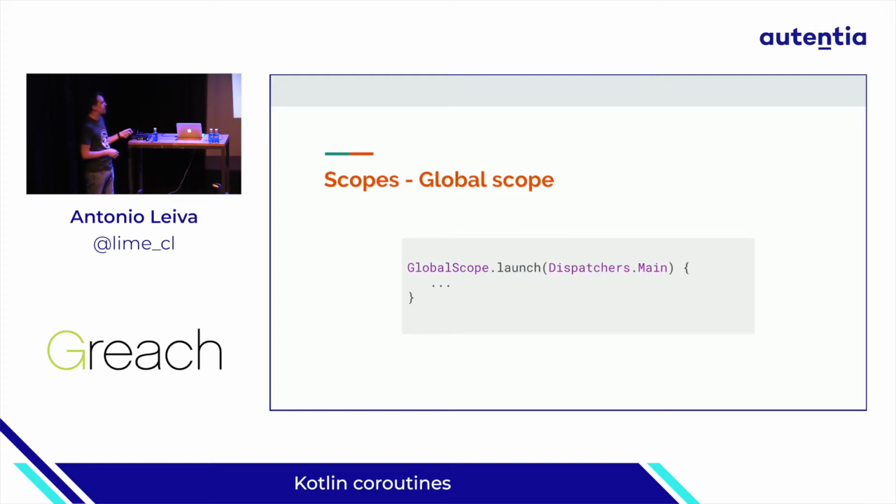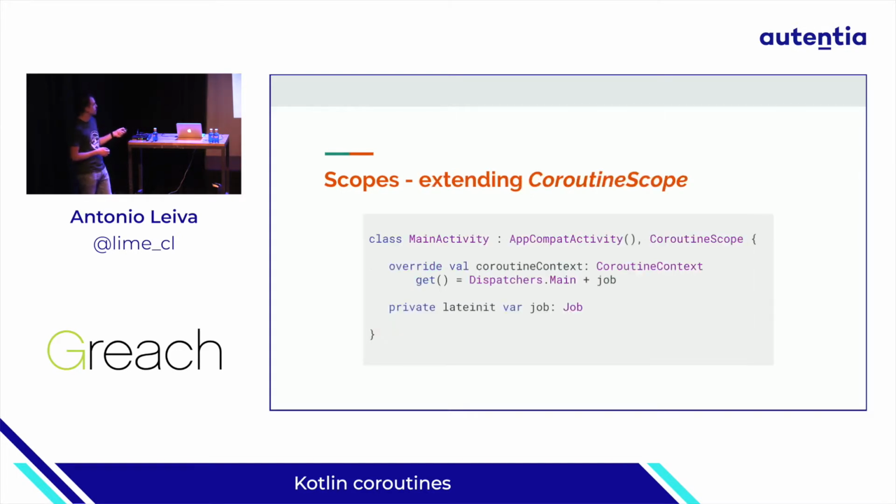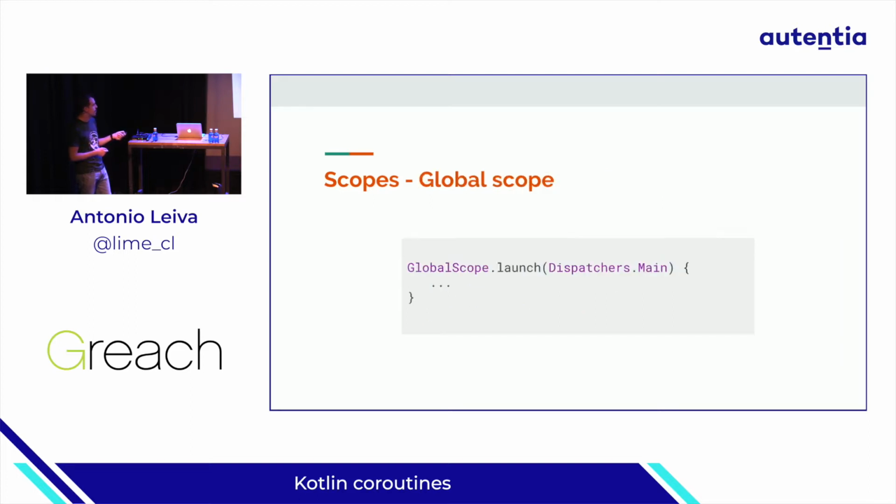So now our activity will be able to call launch, and we don't need to specify the default dispatcher, because we have specified it in the coroutine context. So just by calling launch and opening the braces, we would be able to create a coroutine, and that coroutine will be already associated to the job of the scope, and also will use the dispatcher that the context has specified.